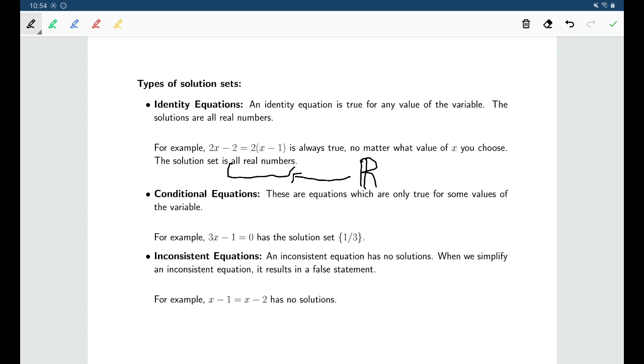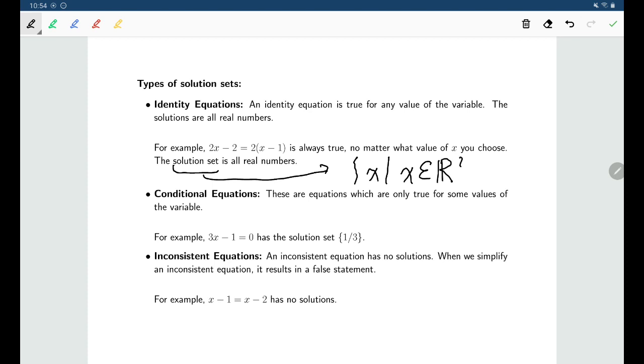If we wanted to write out that x has to be a real number, what I could write is this. I could say the solution set is the set of all values of x where x is an element of the real numbers.